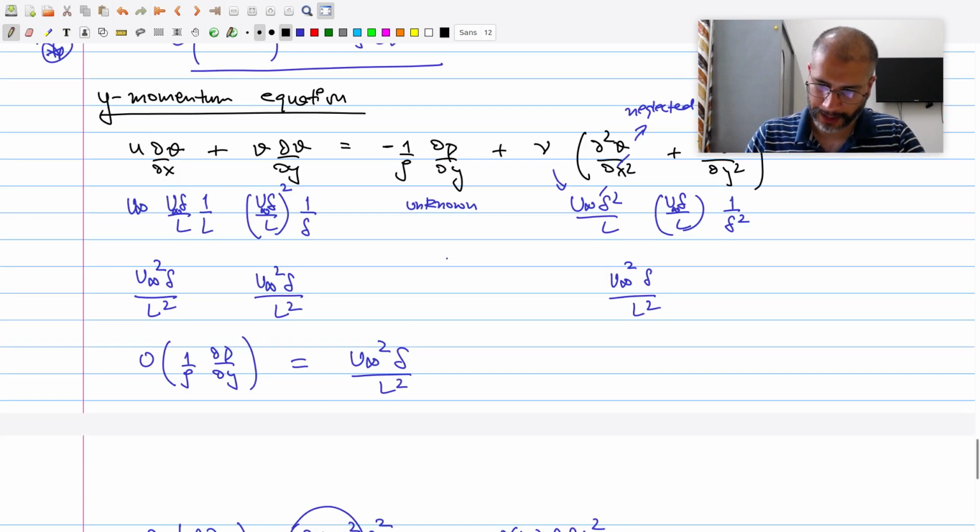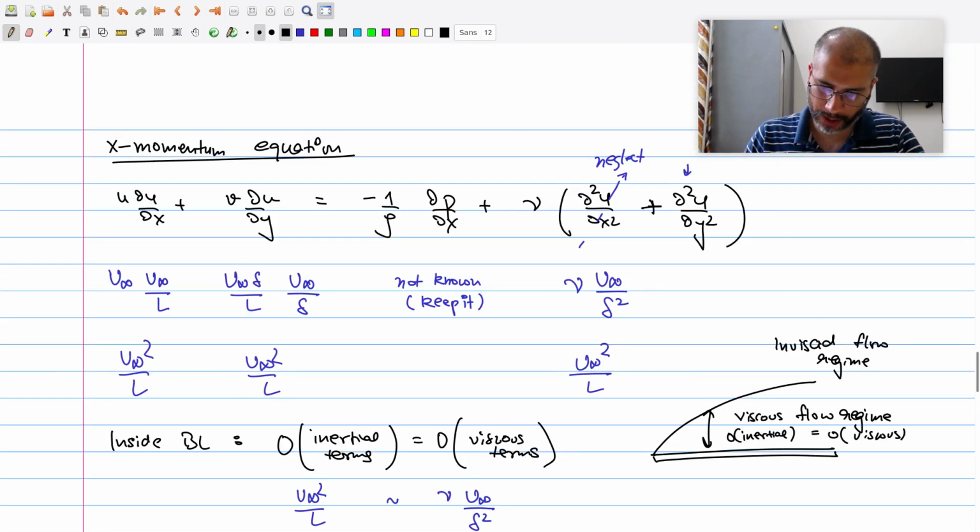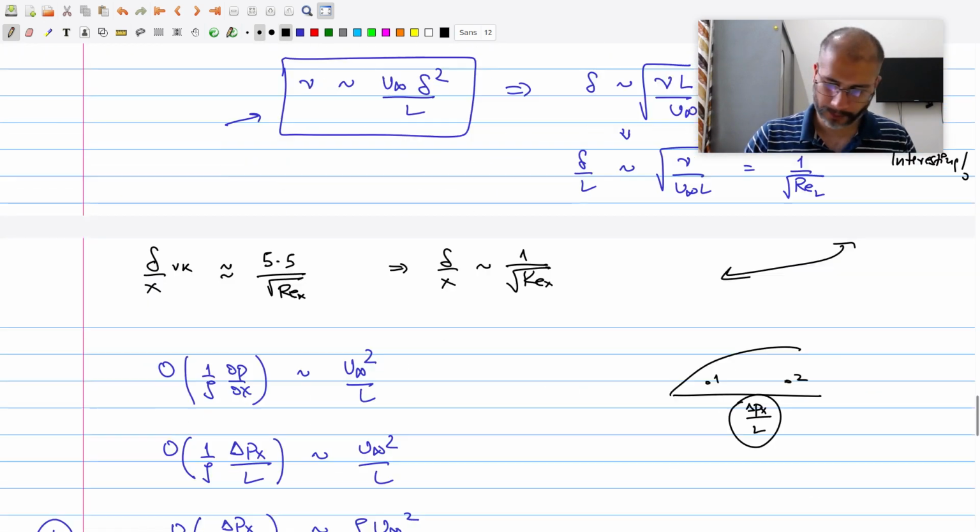Okay, so in our x momentum equation, our del p by del x times minus 1 by rho becomes a known function of x that is coming from the outside boundary layer information.